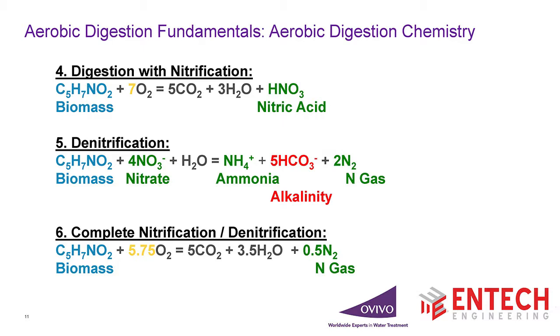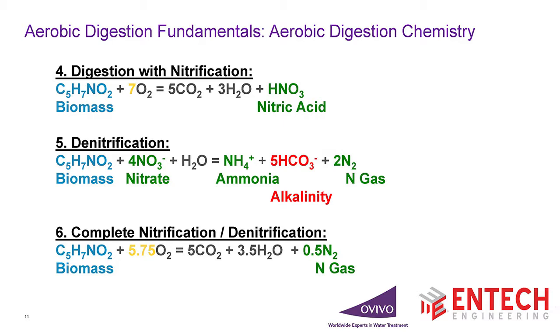So if we go on to the next slide, starting again with the digestion with nitrification, we're actually making nitrate, which can serve to do some of the denitrification for us. It can replace oxygen for some of the digestion.